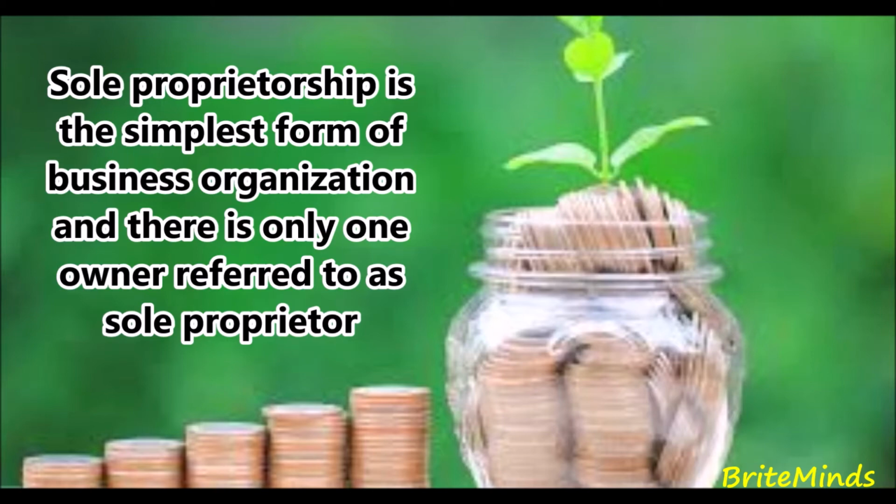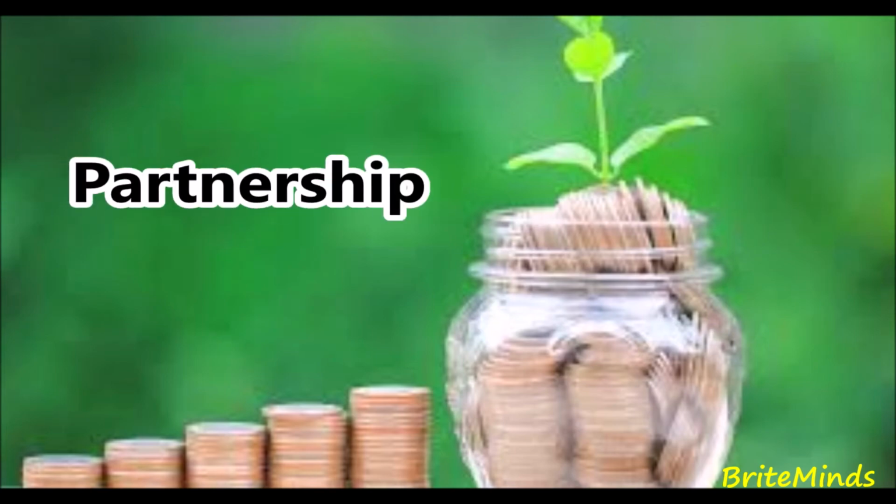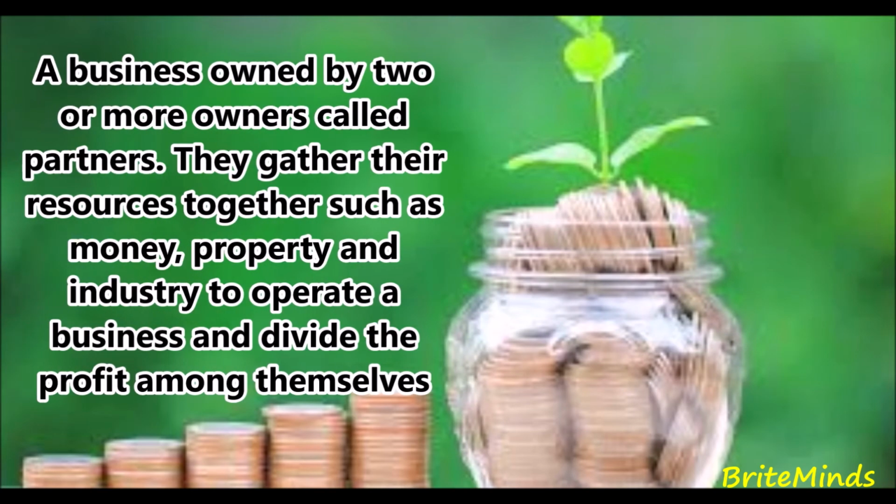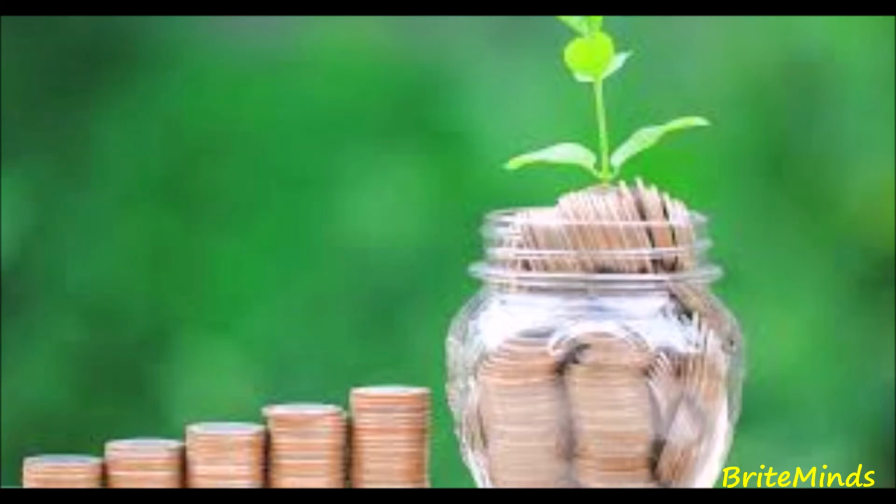Then the other form is the partnership. It is a business owned by two or more owners called partners. They gather their resources together, such as money, property, and industry, to operate a business and divide the profit among themselves. Then the third form is the corporation.